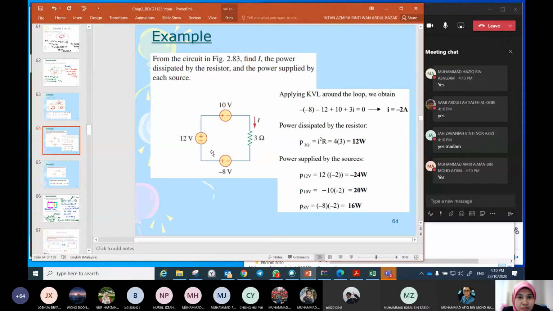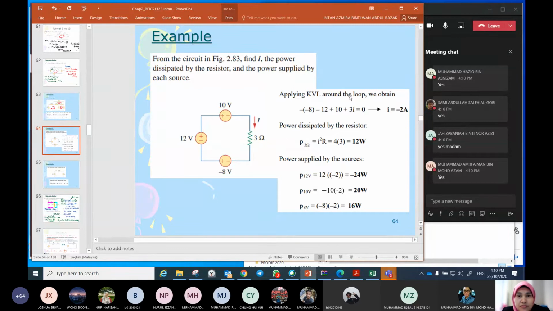KVL, KCL, Ohm's law? KVL, madam. KVL, okay. KVL, find current I, power dissipated by the resistor, and the power supplied by each source. So you have to find I, the current flows in this circuit, and then power for each element.